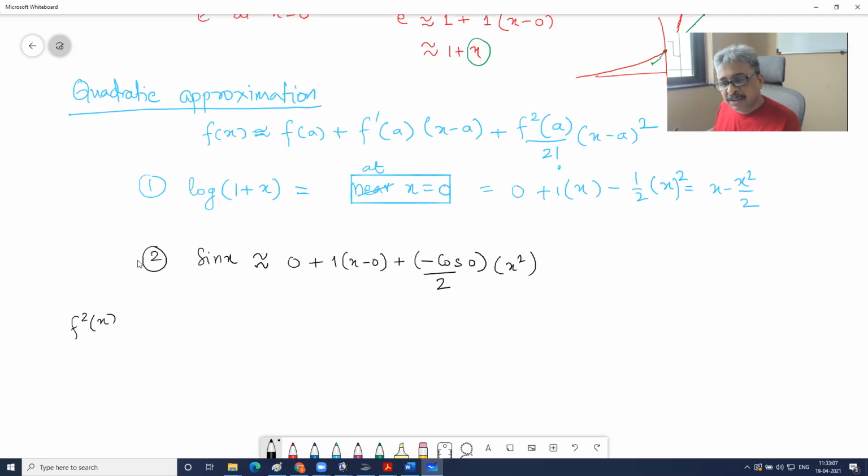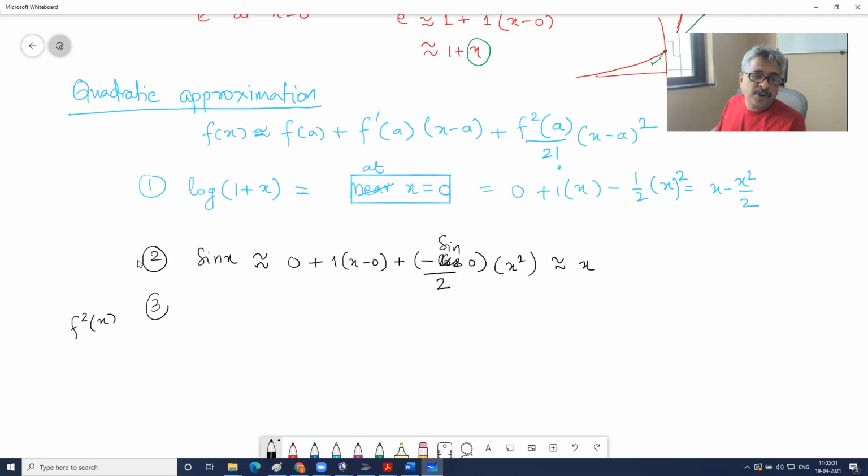Cos 0 is 1, sorry, minus sin 0 it will be here. Therefore this term is 0. So the quadratic approximation of sin x happens to be still x.